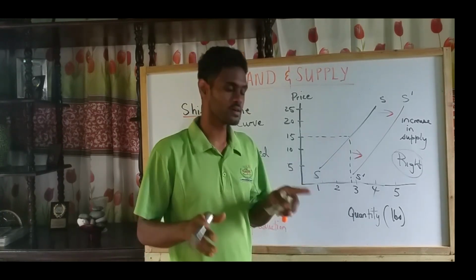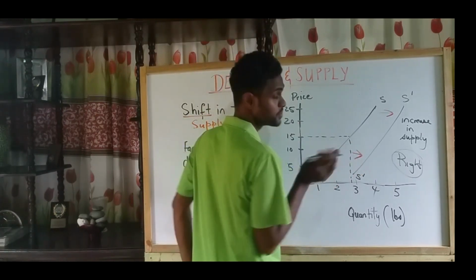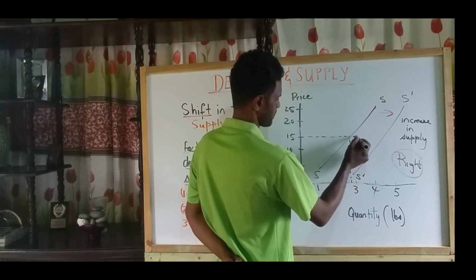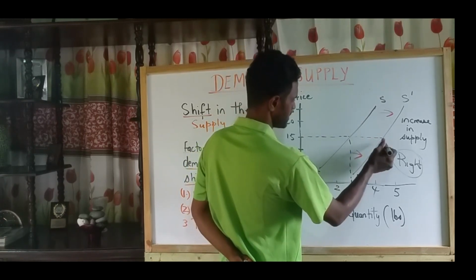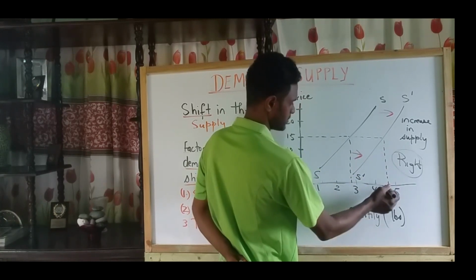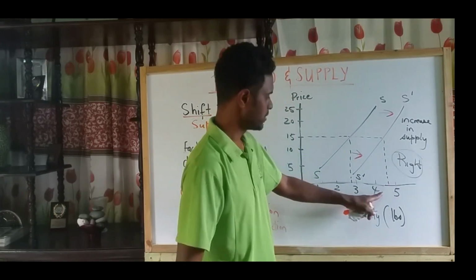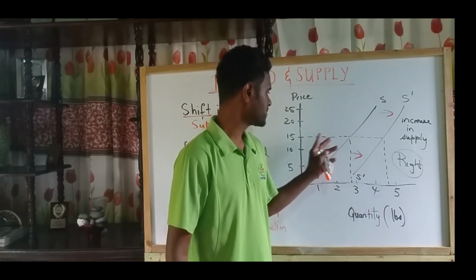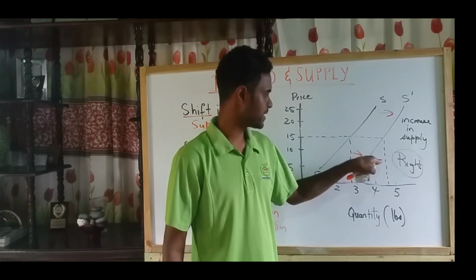So say corn is subsidized, what will happen now is that the amount supplied on the market will increase. Say it goes up to 4.8 dozen. Alright, so subsidy can cause an increase in supply.